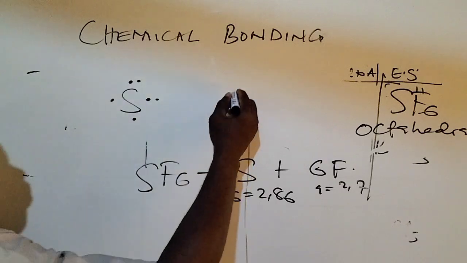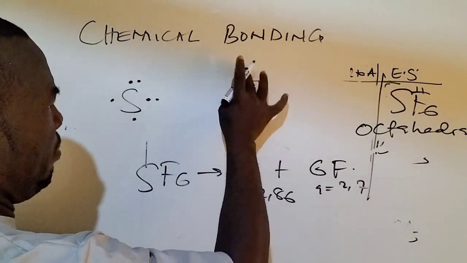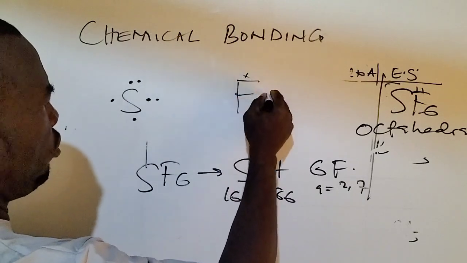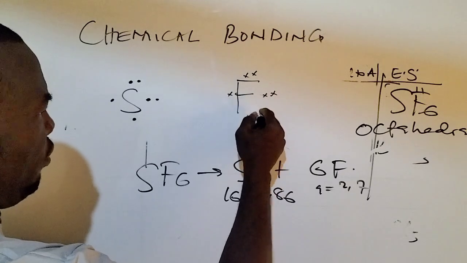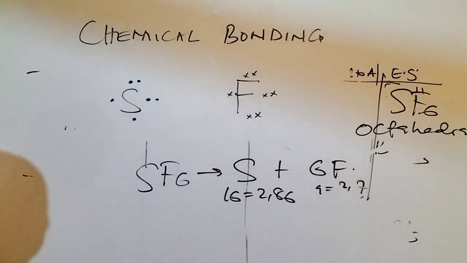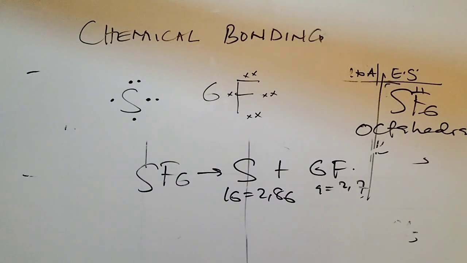So you now have fluorine, 1 atom here, 2. Let me use asterisk: 1, 2, 3, 4, 5, 6, 7. Having 7 valence electrons, we need 6 of these. That means each of the fluorine atoms will move around the sulfur and bind with 1 sulfur electron.